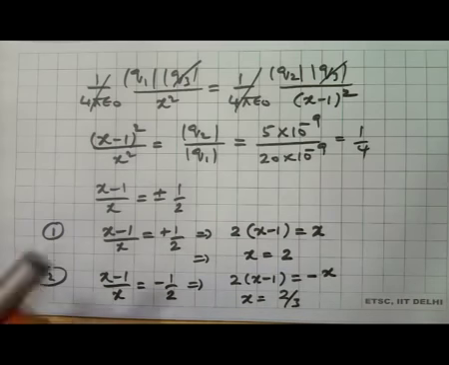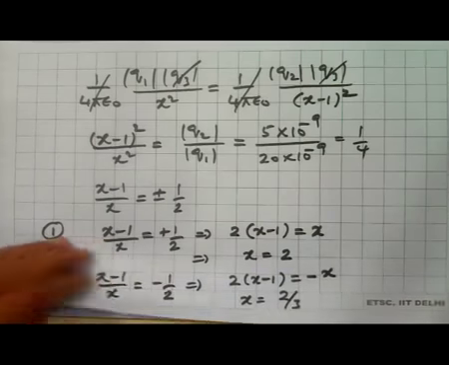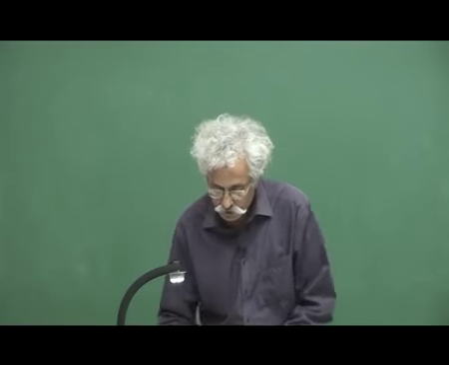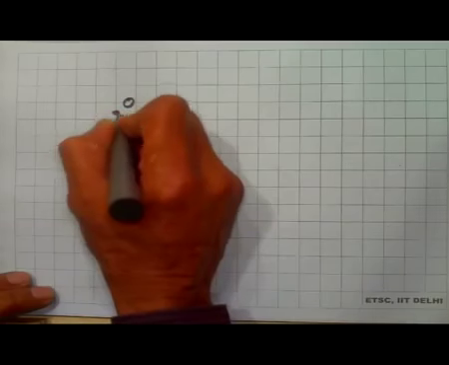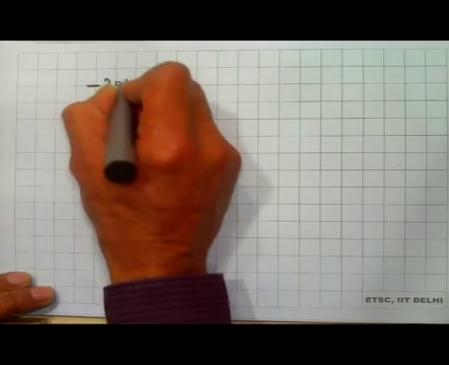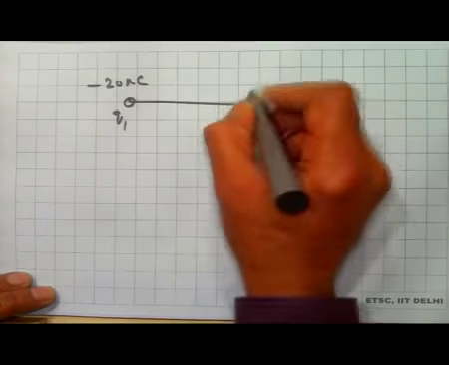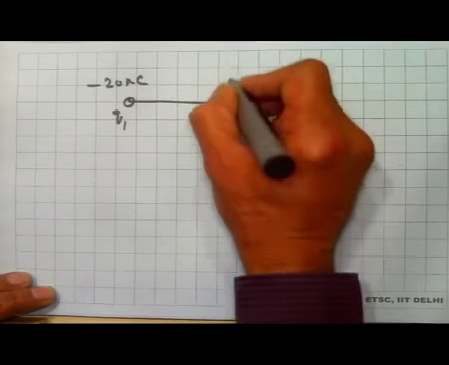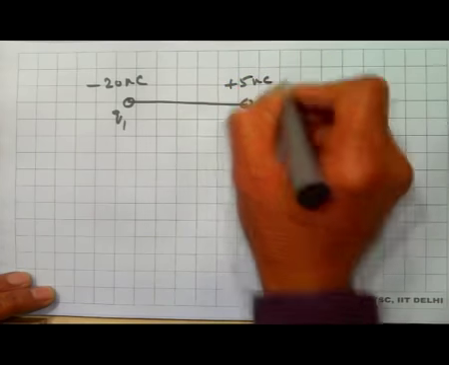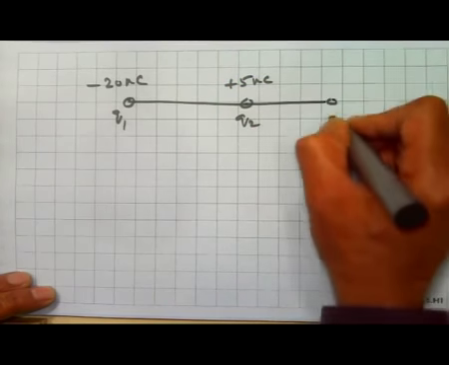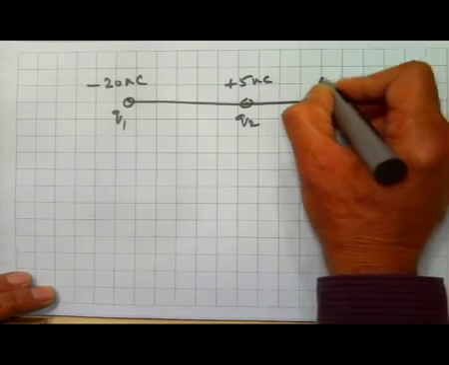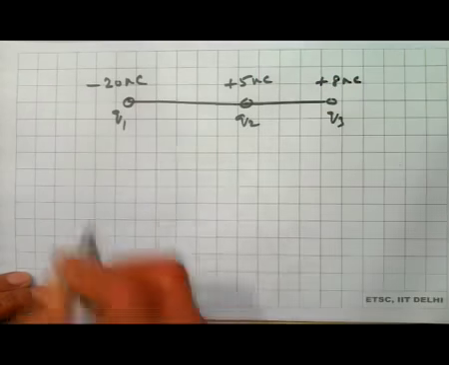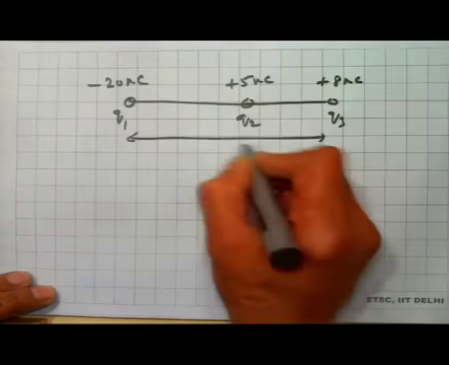Now, if I look at these 2 points, the 2 solutions, they seem to be like this. So, I have Q1 which is minus 20 nanocoulomb, Q2 which is plus 5 nanocoulomb, and there is Q3 here which is plus 8 nanocoulomb, and this is my distance x. So, there are 2 solutions.